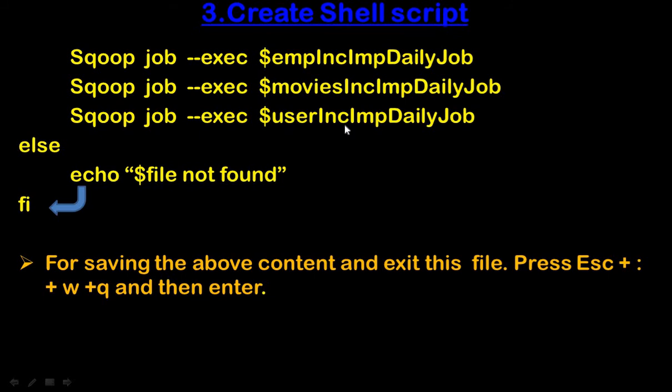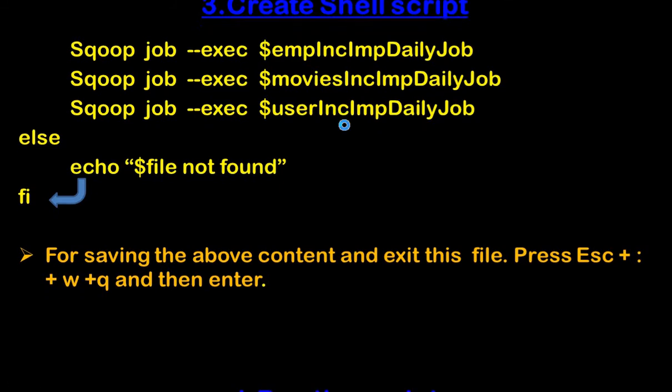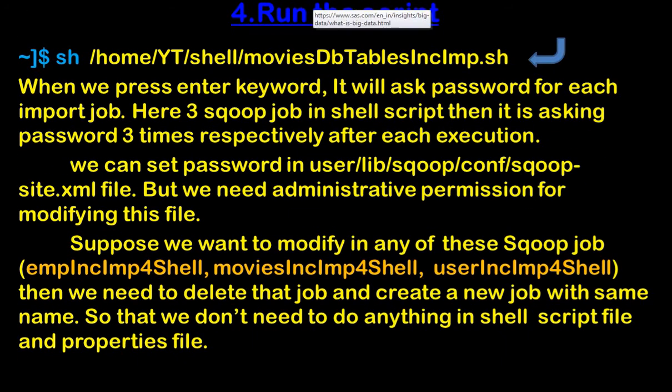So till now we created the 3 Sqoop jobs. Second, we set the shell properties, and third we create the shell script, and fourth we are going to run the script. And for running the script we should write sh space the path of the script file.